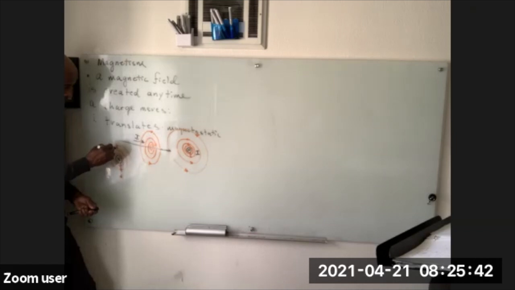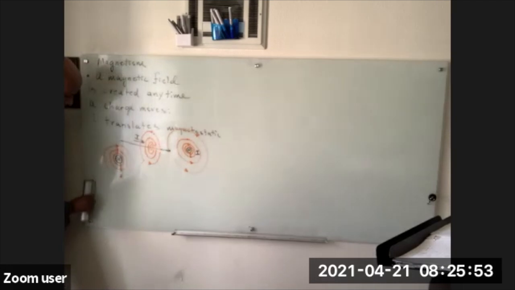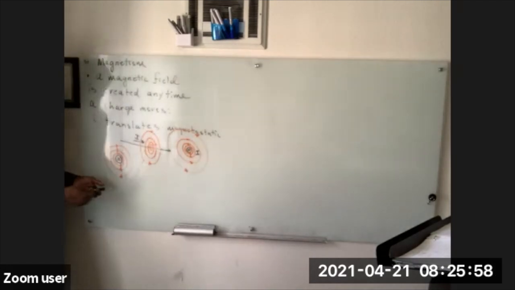And we'll discuss why that is as we move along. So that's translational motion. And again, that's the collection of all of the small magnetic fields of all the charges of the wire. They would group together and give a field that looked kind of like that.